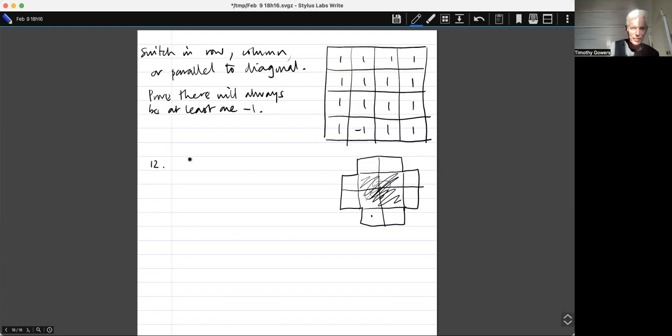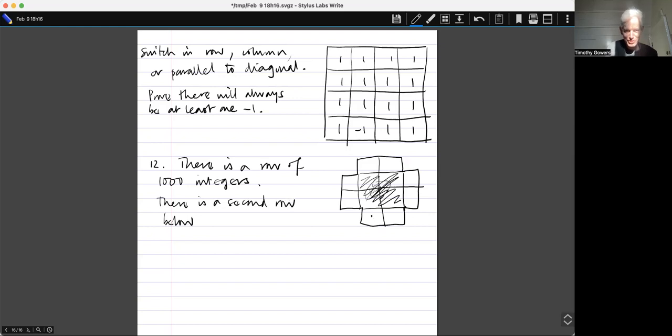I'll leave it there. There's a row of 1,000 integers. I quite like these random large numbers that the questions have. There is a second row below. This is starting to sound a bit scary, like the one that caught me out, but never mind. Which is constructed as follows. Oh, that's looking better.